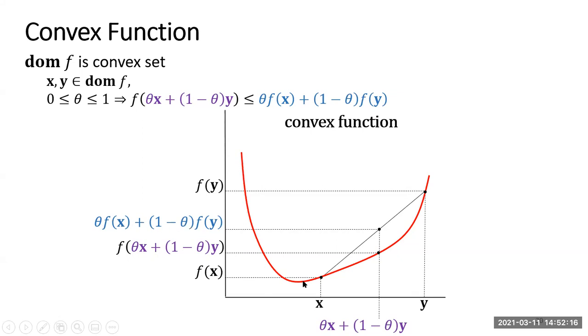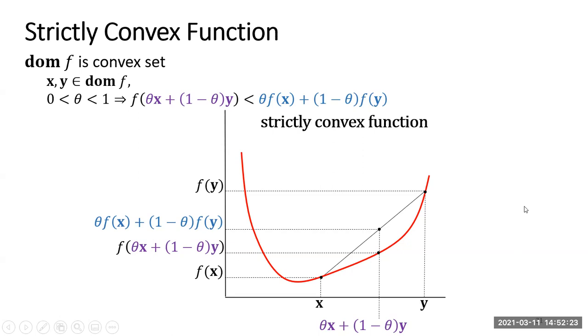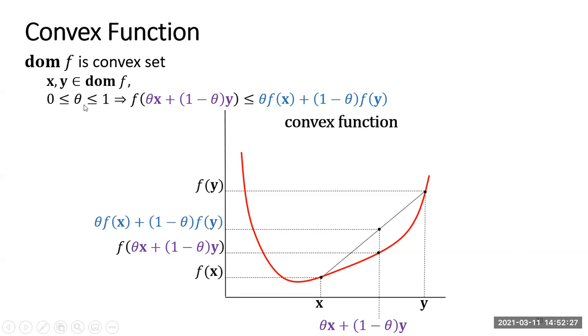That's why this is a convex function, shaped like a cup. Theta can be anywhere between 0 and 1, including 0 and 1.